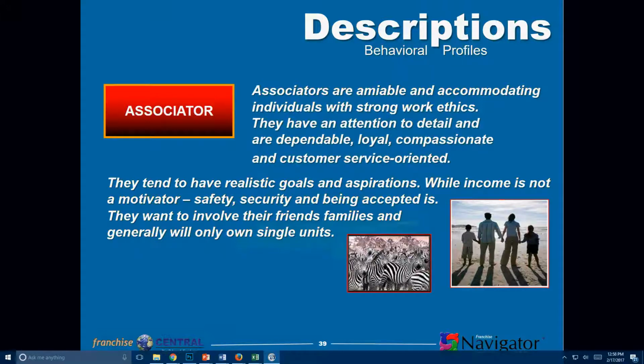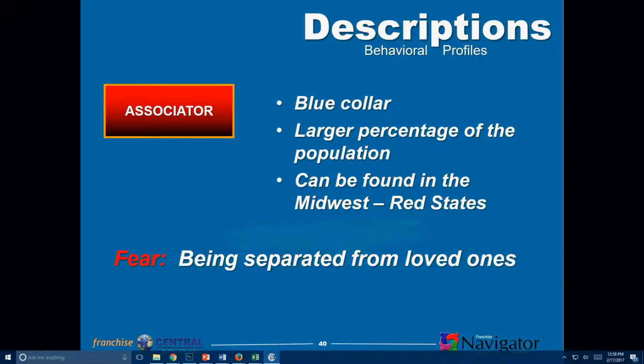So as you're talking to somebody that the influencer is a strong part of their profile, talk to them about friends and family. Talk to them about who they would bring in to that particular business to make their efforts stronger. Very blue collar, much larger percentage of the population.